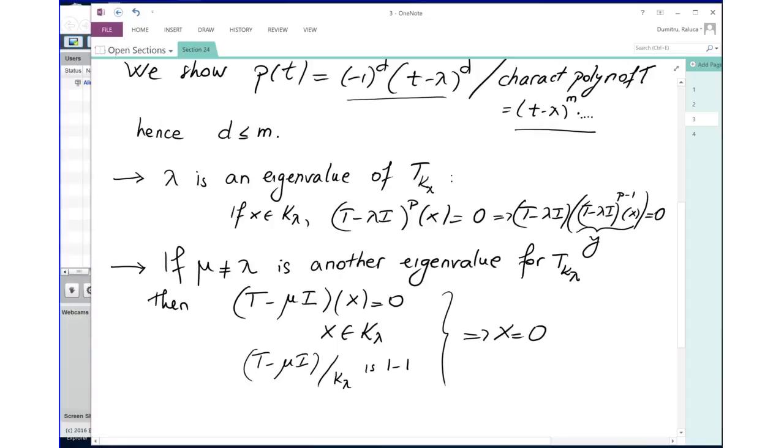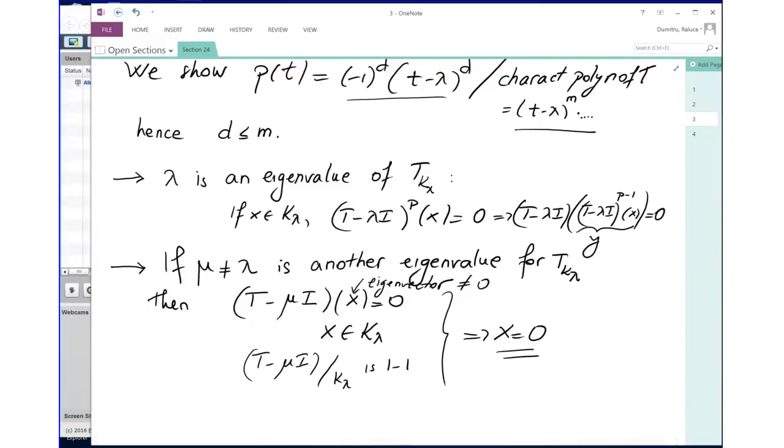So x has to be 0. However, that doesn't make any sense because we said that mu is an eigenvalue, so x would be an eigenvector. An eigenvector, by definition, cannot be 0. So it's definitely not possible.